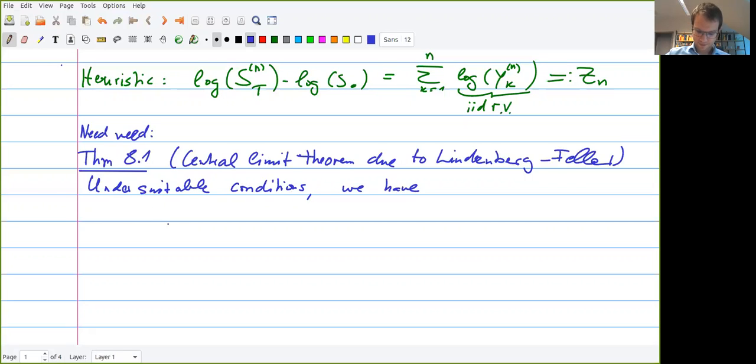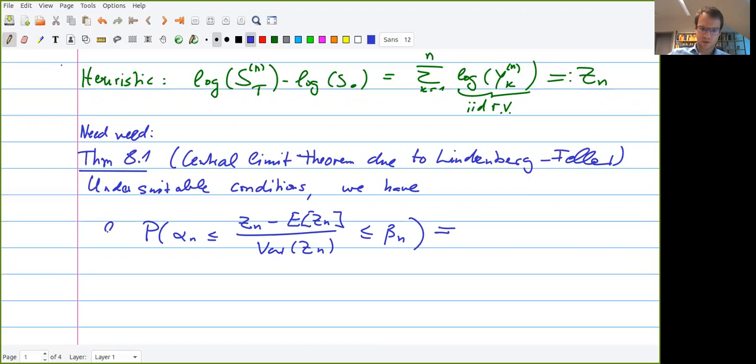We have the probability: if I take such a sum of random variables, which are independent, and I subtract the mean and divide by the standard deviation, this goes, if I take the limit n to infinity, to the difference of the distribution function of the normal distribution at the point beta minus the point alpha.